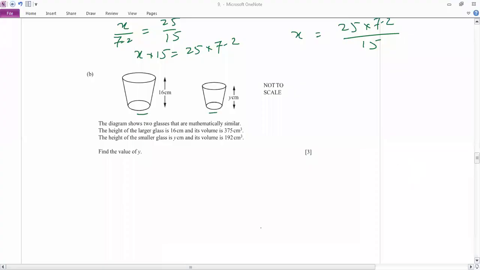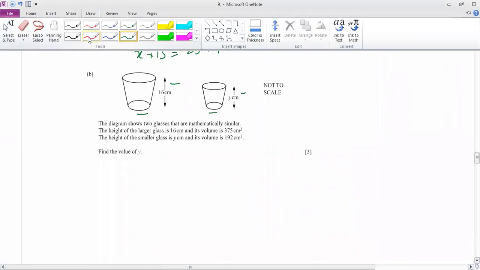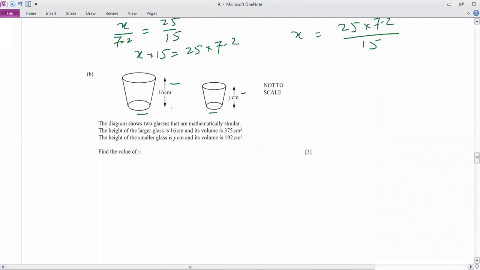For mathematically similar shapes, last time if you remember, we did the formula: the ratio of the corresponding sides. This side is corresponding to this side. If the sides are corresponding, then the ratio of the volumes will be equal to the ratio of the corresponding sides cubed. The height of the larger glass is 16 and the volume is this one. If I say this volume is V1 and for the smaller glass the volume is V2, then the ratio of volumes is always equal to the ratio of corresponding sides cubed.